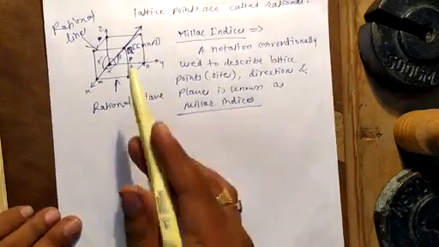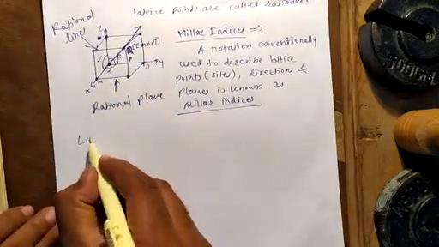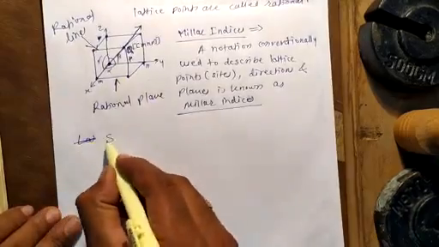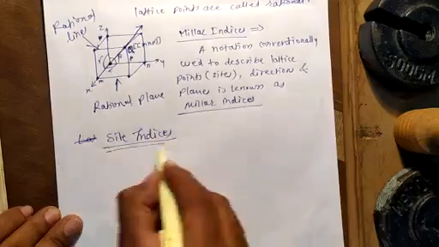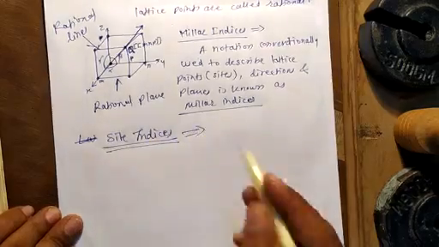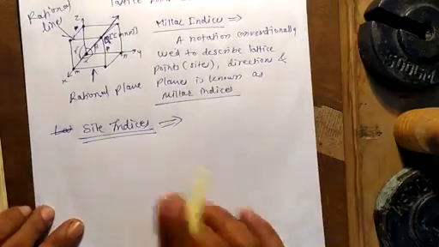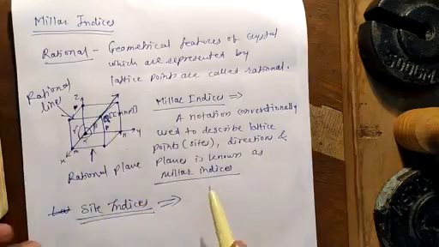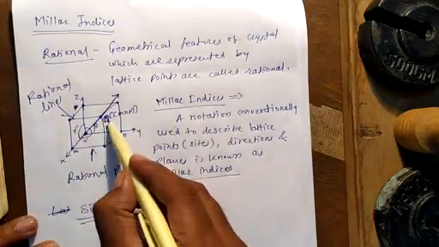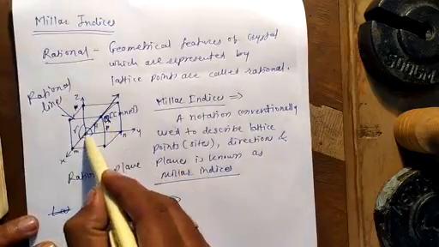Now let us consider what is lattice site or site indices. Let's consider this cubic crystal structure, and consider this is the point Q. And suppose this is the origin.